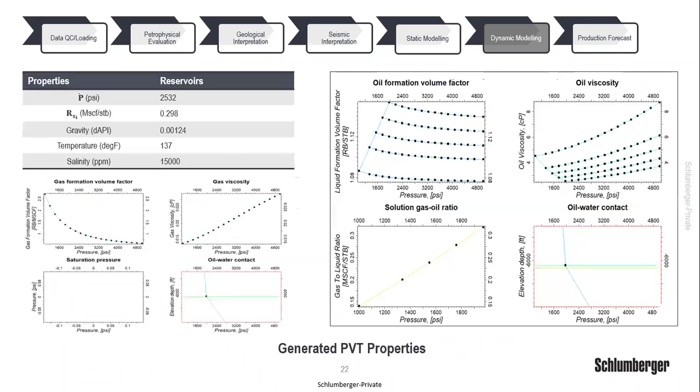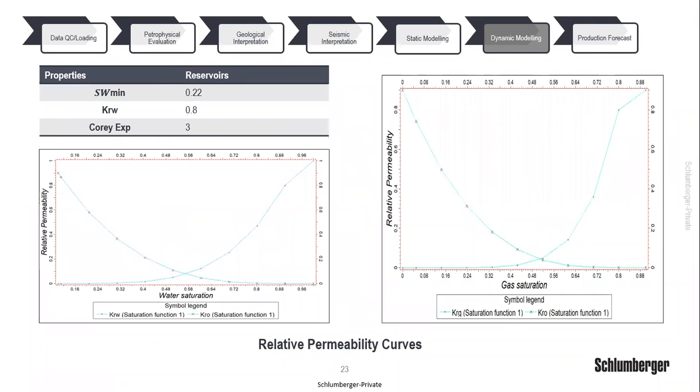Going further, these are the things you begin to look at in terms of modeling your field. You look at oil formation volume factor, you look at oil viscosity, a lot of data. A lot of things you already know now go into trying to visualize all of this. Then you want to look at the relative permeability curve.